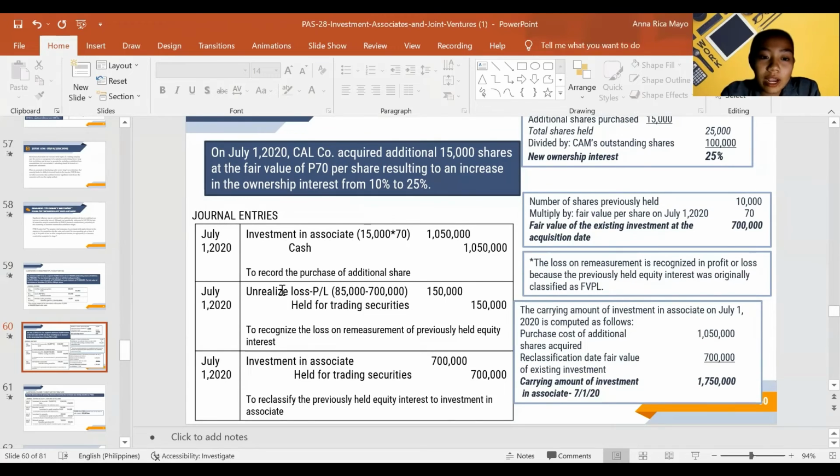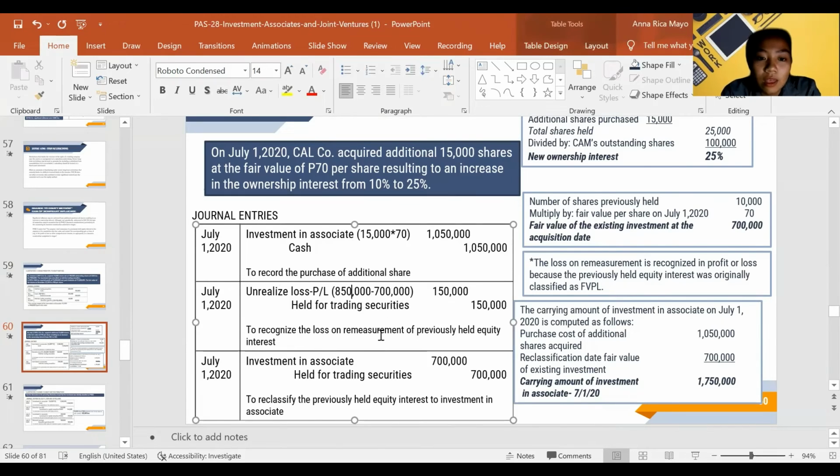And then another entry for July 1, 2020 is unrealized loss, profit or loss, 150,000. And then held for trading securities, 150,000. Paano nga ba nagkaroon ng loss na 150,000? Kasi 'di ba sabi kanina, ang fair value ng 10,000 shares na in-acquire mo is 850,000.